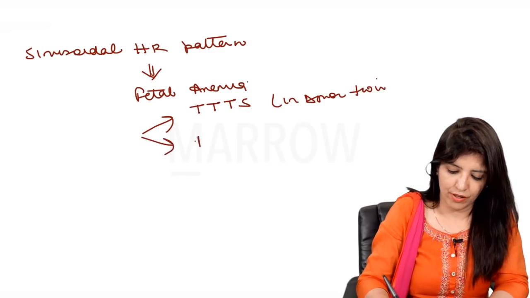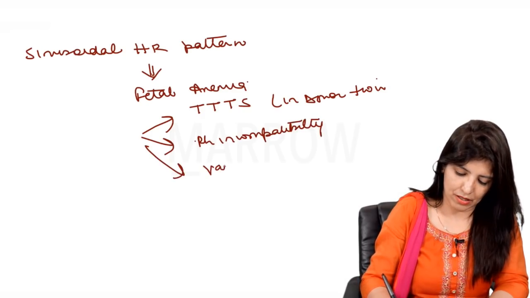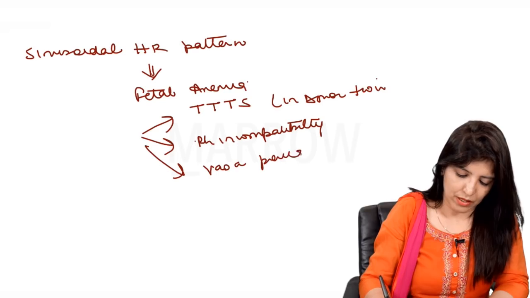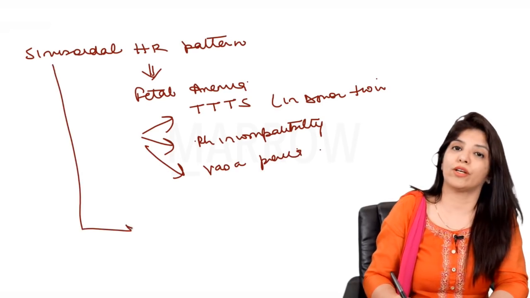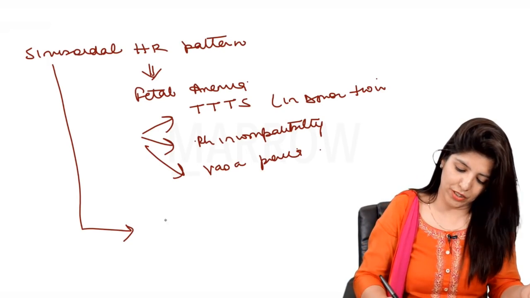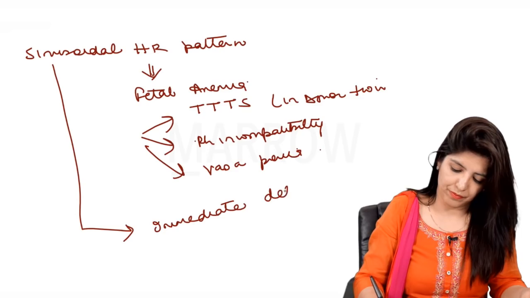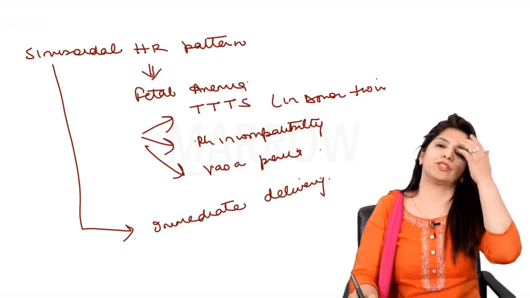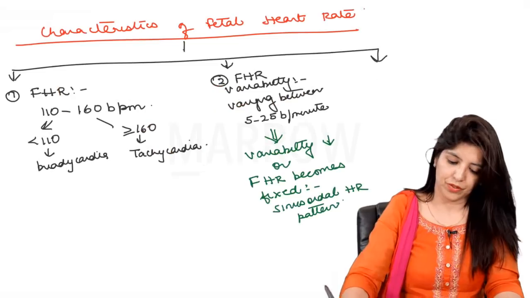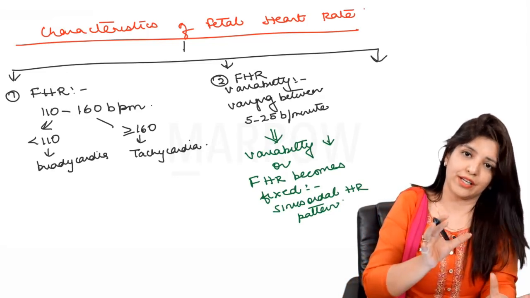In case of RH incompatibility, or in case of vasa previa. And whenever you get sinusoidal heart rate pattern on a CTG strip, then the management is immediate delivery. Immediate delivery. Clear?